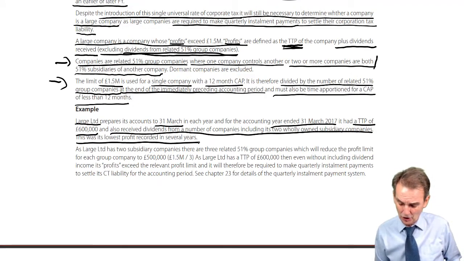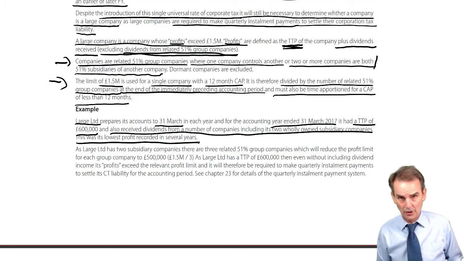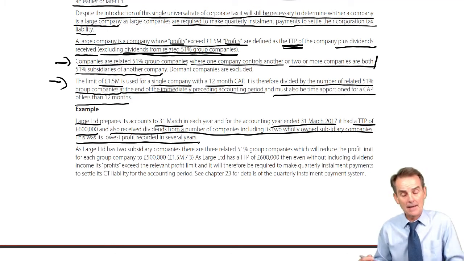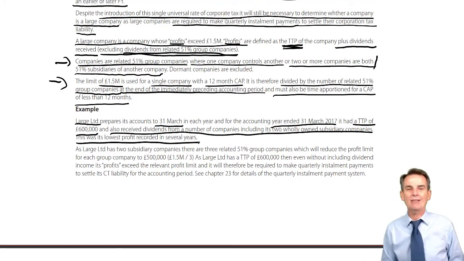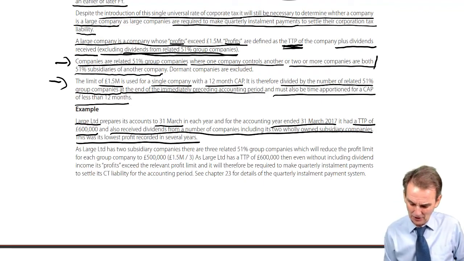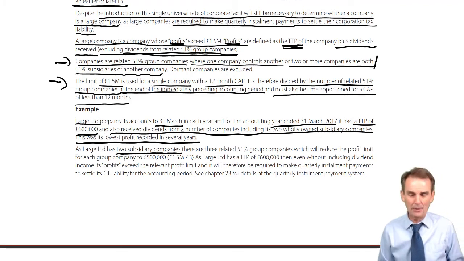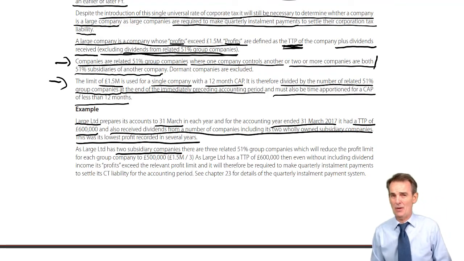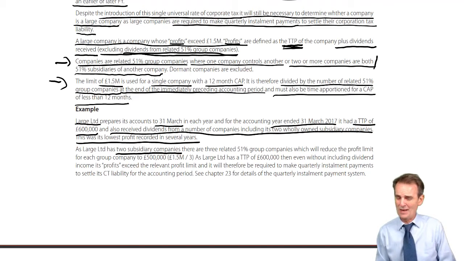Now we're told that it's got two wholly owned subsidiaries, but it has a chargeable accounting period prepared for an accounting year. It's a normal 12-month period. So it's got two subsidiary companies. So as we spoke of a moment ago, there's two related 51% group subsidiary companies.